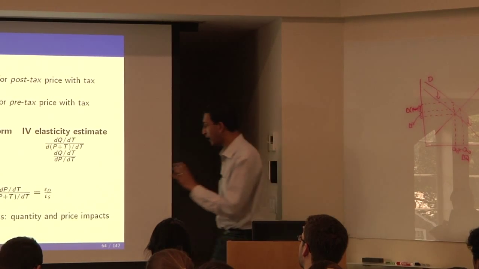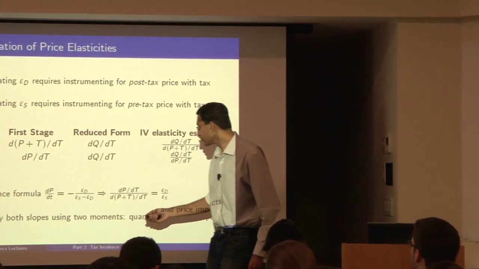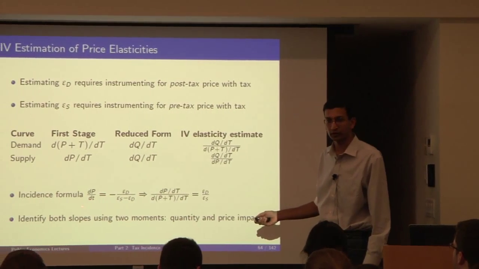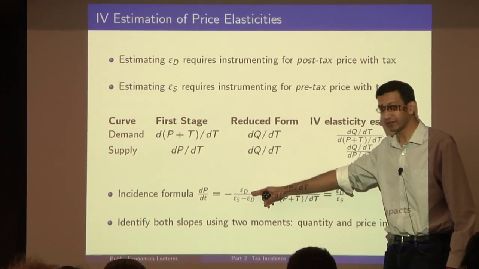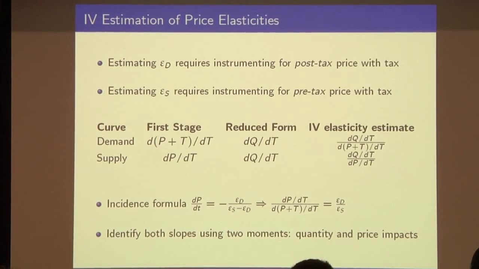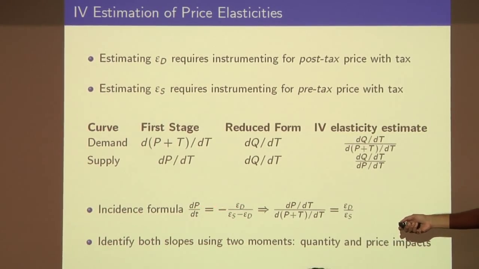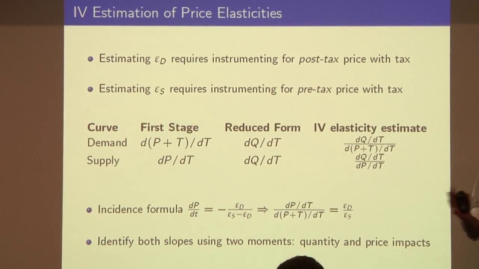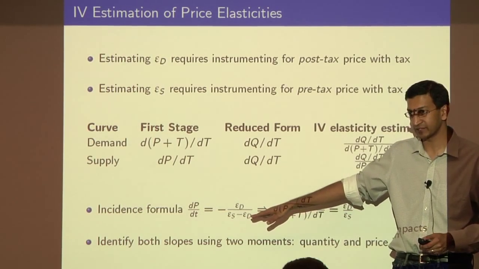And so one way to understand why that works is to go back to the basic incidence formula. So you'll remember that dP/dT is just the ratio of the demand elasticity to the sum of the supply and demand elasticities, which we established early on. And so then analogously, d(P+T)/dT, so the impact on the post-tax price, is the ratio of the supply elasticity to the sum of the elasticities, okay?